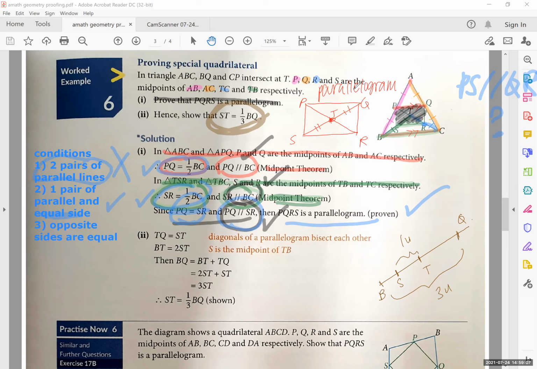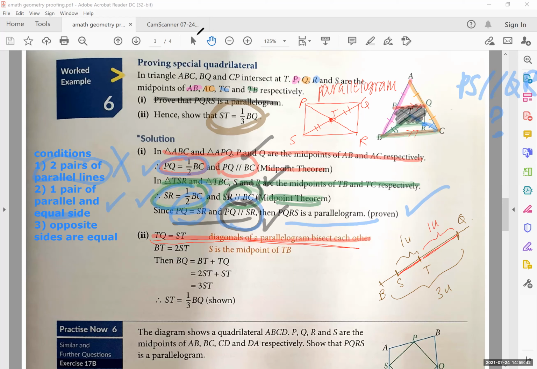No. I'm saying yes as in yes, you guys are right. So we know that they bisect each other. So can you see I have ST already? So therefore, do we know what is TQ? Yes. So if ST is 1 unit, so I know that TQ is also 1 unit. Why? Because we know that the diagonals of a parallelogram bisect each other. Do you all get it now?